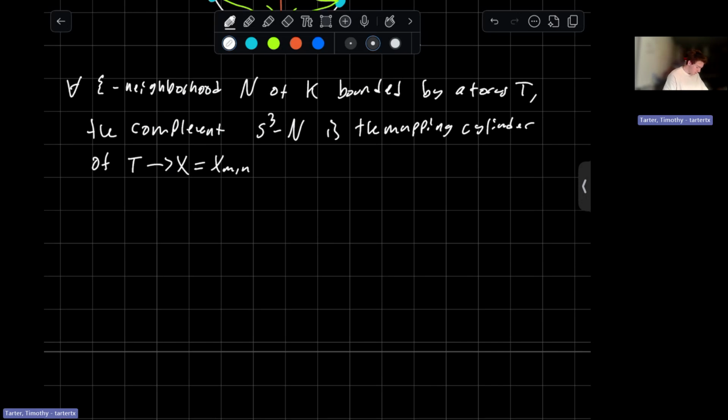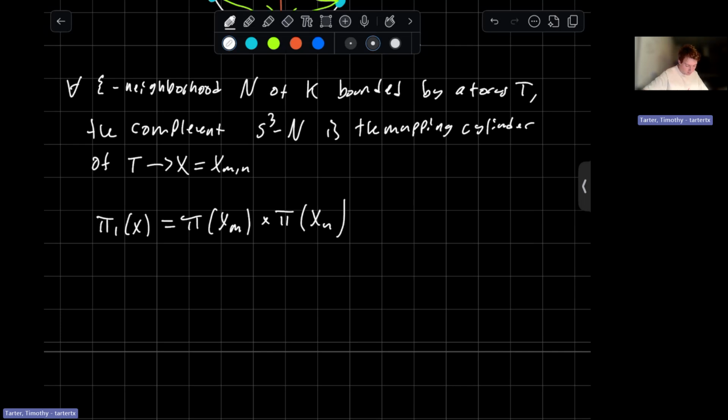So to compute pi 1 of X, we apply Van Kampen's theorem to say this is equal to pi 1 of Xm, product with pi 1 of Xn.